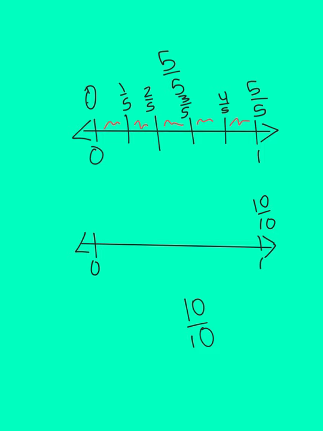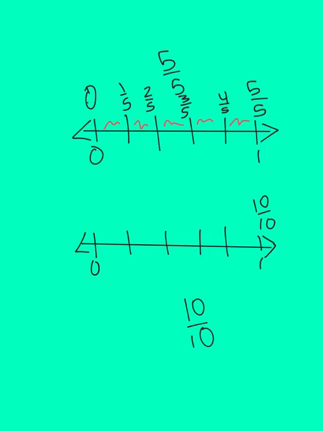So the first thing I'm gonna do is copy down the lines from up here. Okay, and I did the best I could. And now I'm going to need to split each of those pieces in half again.